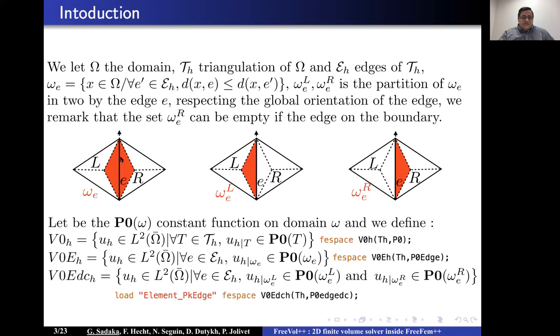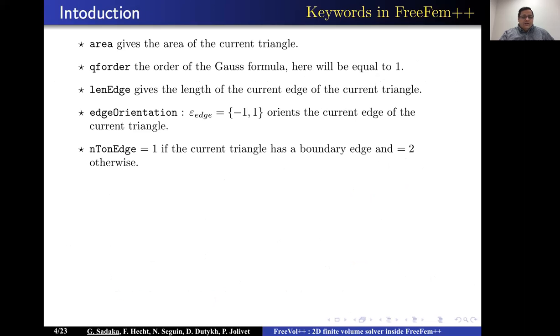So when we have this finite element, the edge is seen twice when we are passing through the triangle. And for P0edgeDC, we must load the element PkEdge to use this finite element. With this one, each edge is seen once.